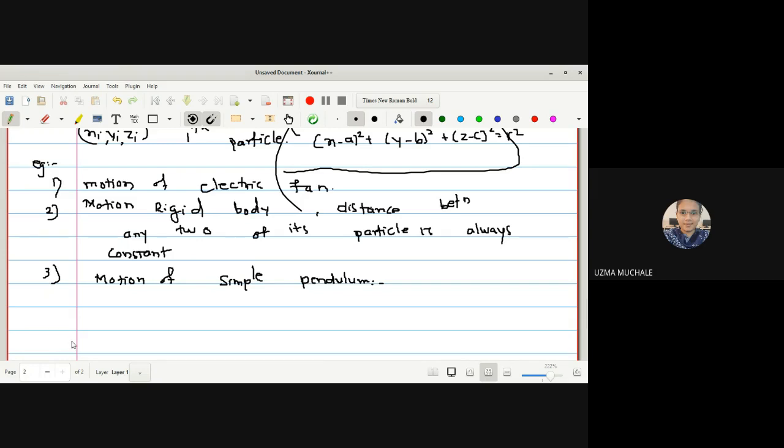And next is the motion of a particle on the surface of a sphere.